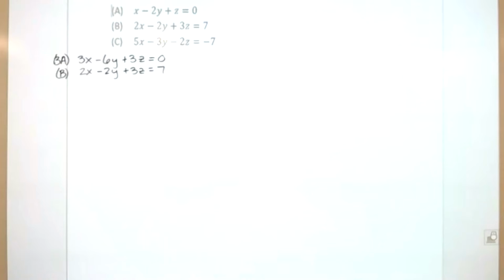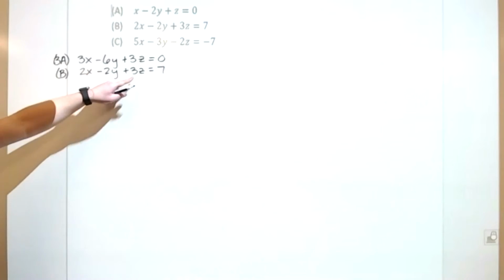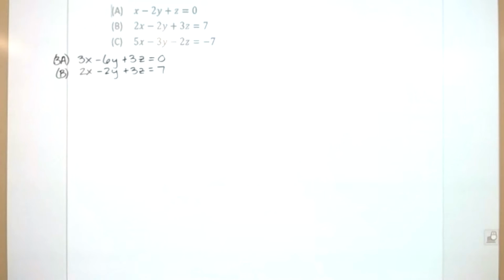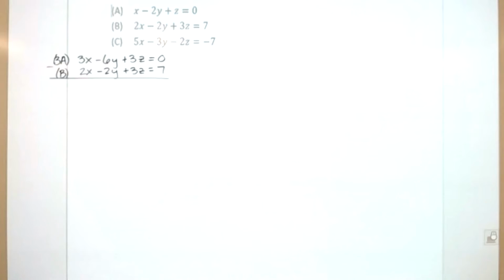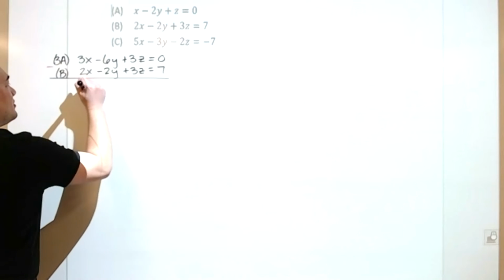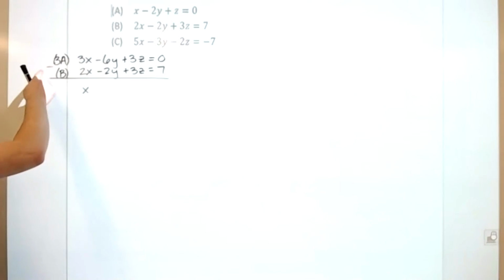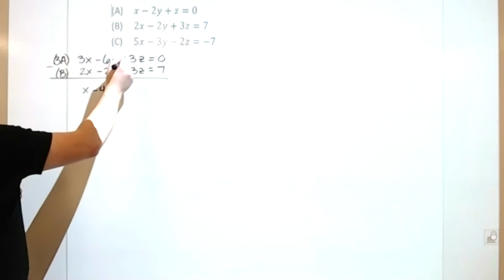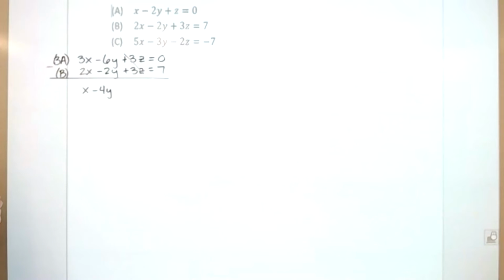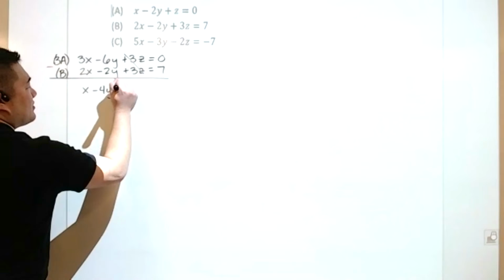Since I am eliminating z, I've got positive 3, same sign, subtract. I'm going to subtract B from 3A, which will give me x. Negative 6 minus negative 2 is negative 4y. The z's are going to get eliminated there, and then 0 minus 7 equals negative 7.